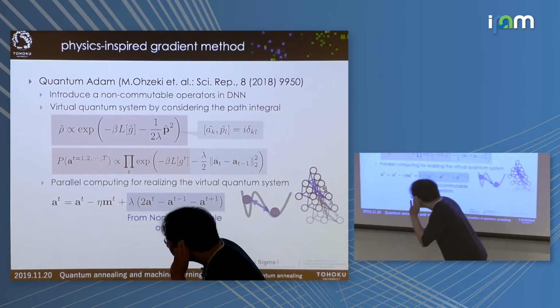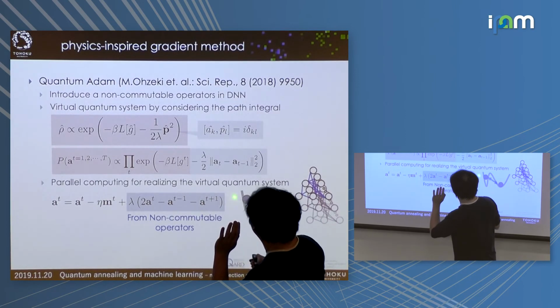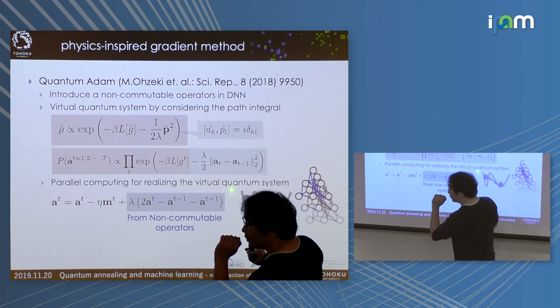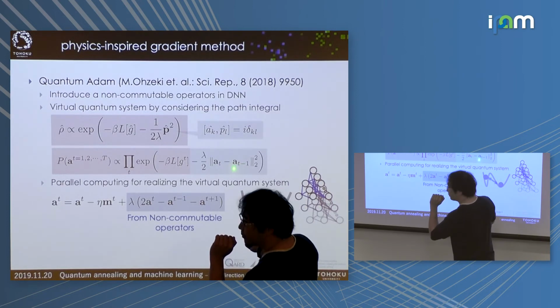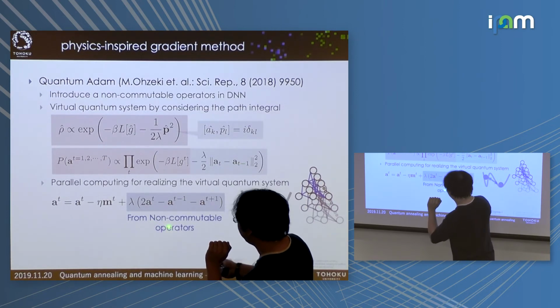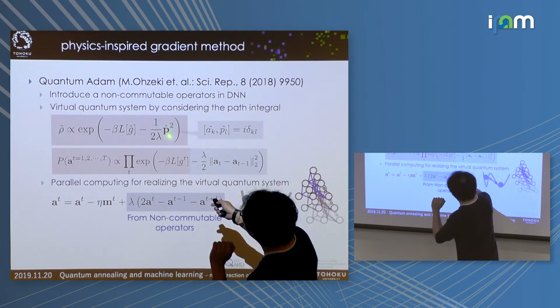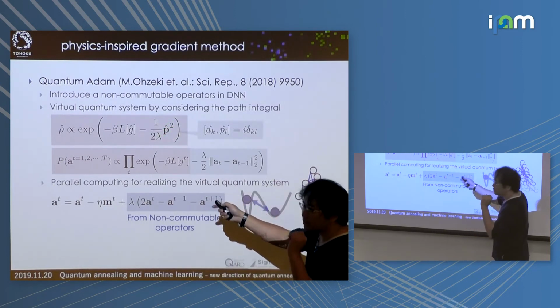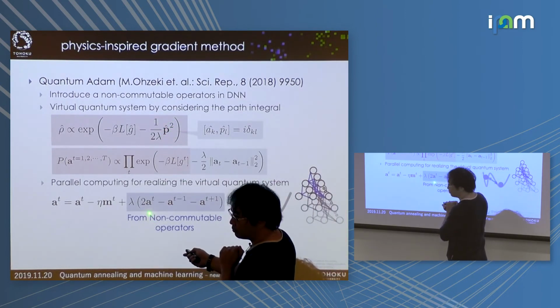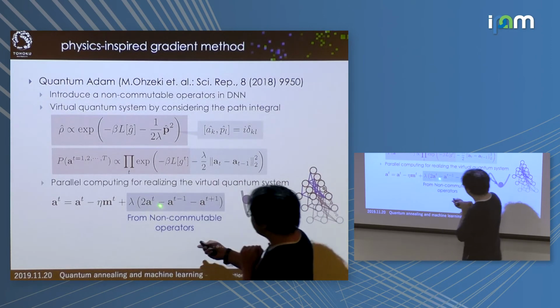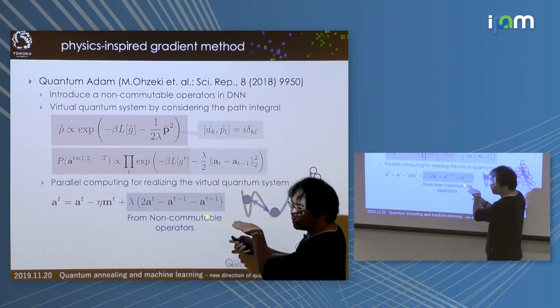Sorry, what is quantum in the last equation? A is the weights. Are they quantum? This is the update rule, right? In the last equation, are the A still quantum variables? No, these are classical variables.